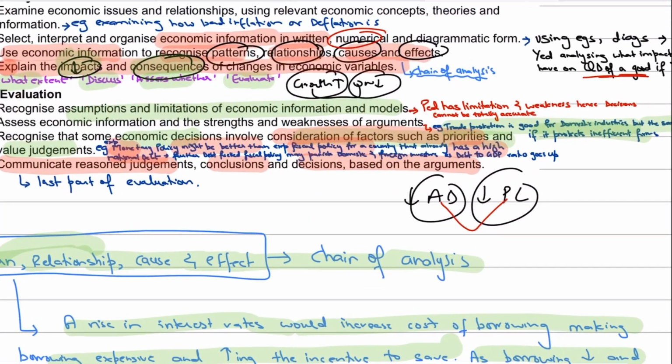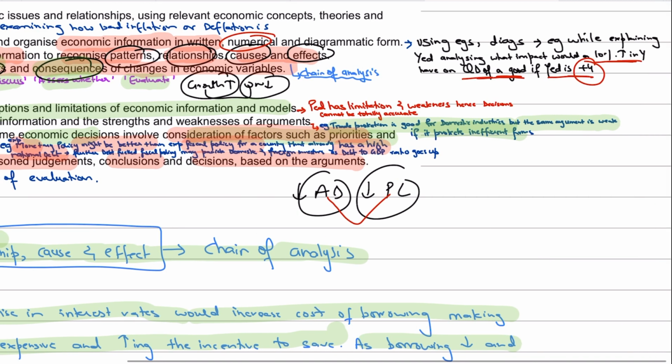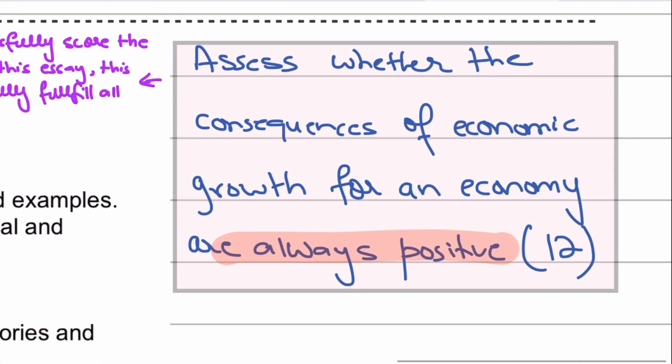But before that, if you're saying whether the growth is always positive, when you give a counter narrative and then you want to end your answer, you could say that the fact that economic growth, so this is where you're framing your judgment and ending the answer.